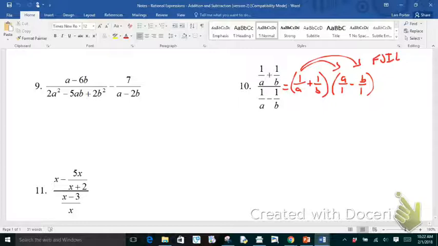So 1a times a over 1 is going to give me a over a. 1a times negative b is going to give me negative b over a. I'll have inner, so 1 over b times a over 1 is going to give me a over b, and then minus b over b.